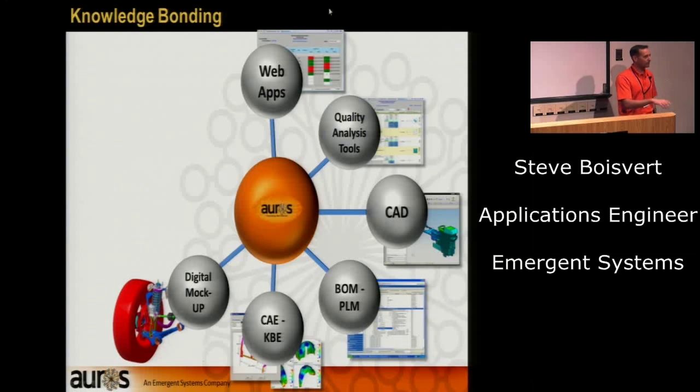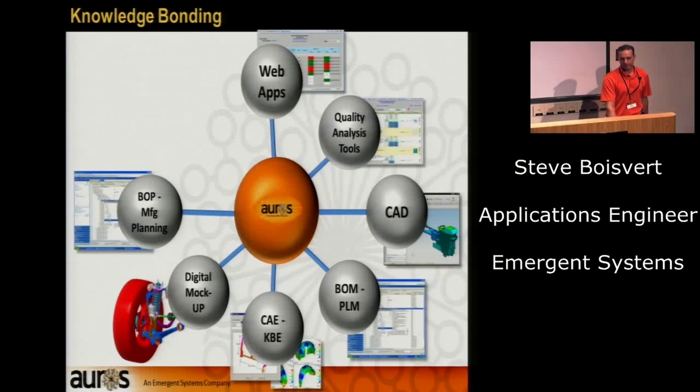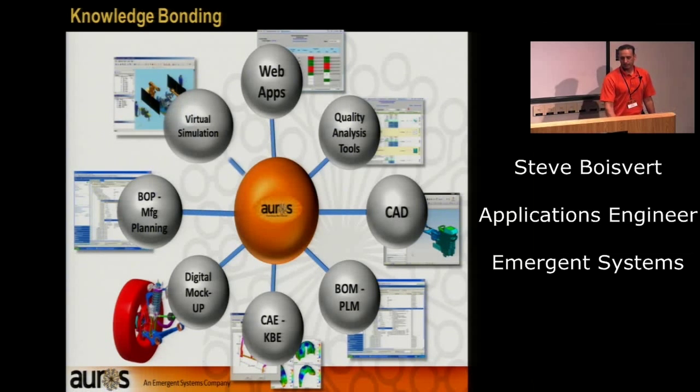Digital mock-up, we have a connector with Teamcenter TC Viz. That's a very popular one. Our bill of process and virtual simulation tools. So the cool thing about that is we can bake in all that good stuff you're going to put in those Word documents and whatever your best practices, requirements, and we can put them in front of the engineers where they do their work.